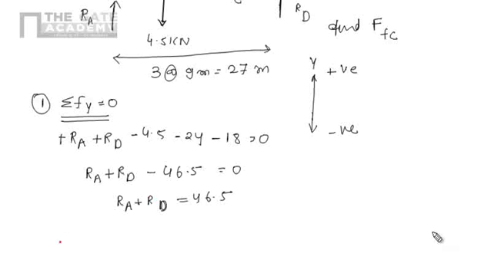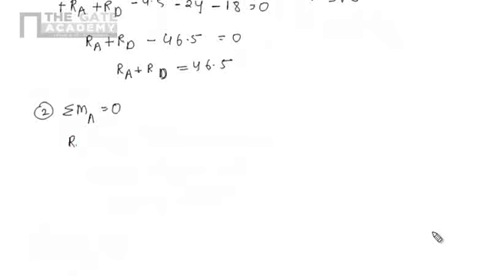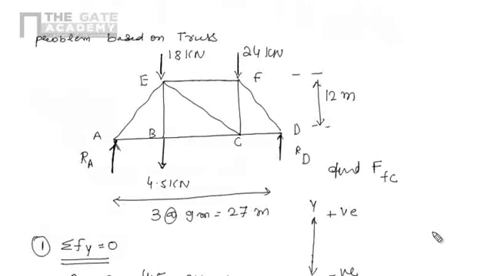Now apply condition number 2, that is, the algebraic summation of moments of all the forces about A should be 0. At A we have the force RA, so the moment due to RA at A will be 0 because the perpendicular distance is 0. So RA into 0. We have the force 4.5 kilonewton here and the force of 18 kilonewton here, and each of these distances is 9.